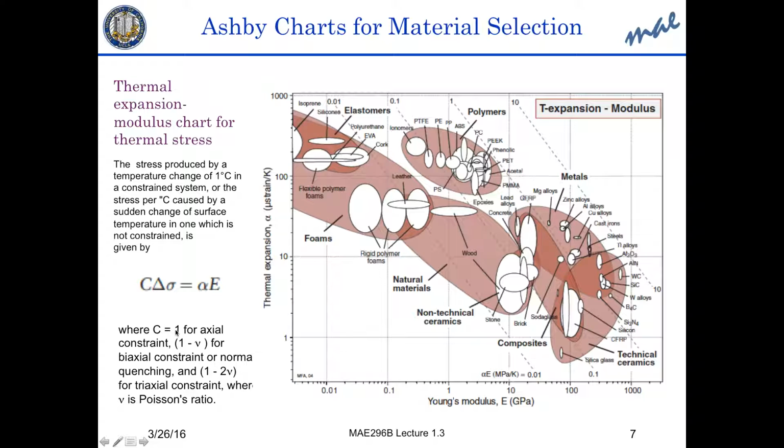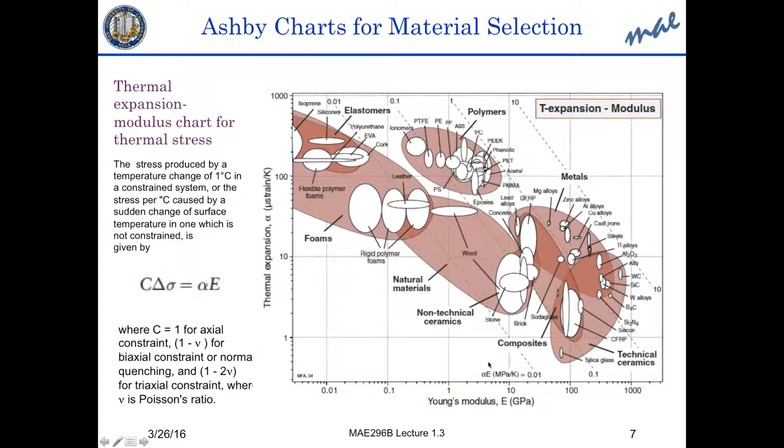This constant depends on the constraint. So for axial it is 1, for biaxial it is 1 minus nu, and for triaxial it is 1 minus 2 nu, where nu is the Poisson's ratio. So this product of alpha times E is roughly the stress per unit degrees Kelvin that you put across the material. Very simple.